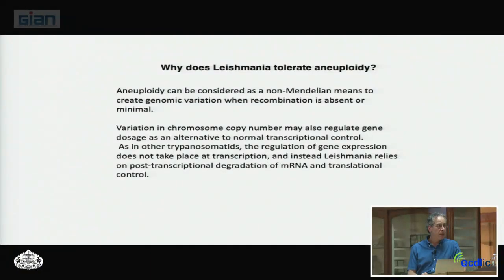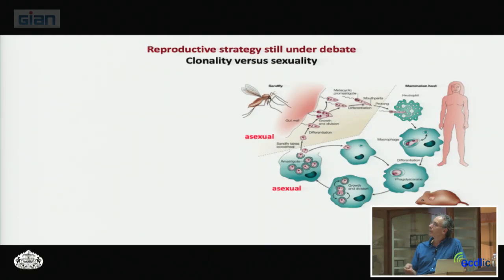Again, it's not so clear why these parasites have evolved and tolerated all of this aneuploidy, but that's one of the thoughts behind it. It's an alternative to normal transcriptional regulation. We're going to see a lot more aneuploidy in the discussion now, and I just want you to keep that in mind.